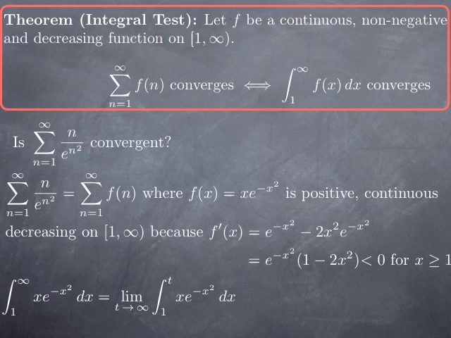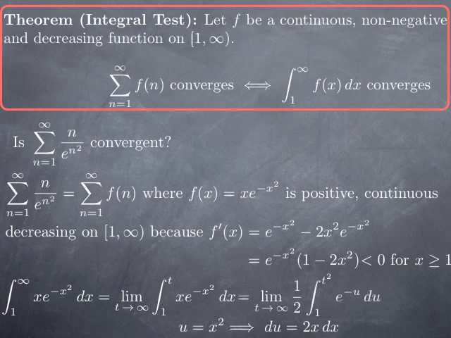By definition, it is the limit as t goes to infinity of the definite integral from 1 to t of the same function. And we can calculate this definite integral by substitution, simply making the observation that if we take u equal to x squared, then du is 2x dx, so what we have outside is x dx equals 1/2 du.